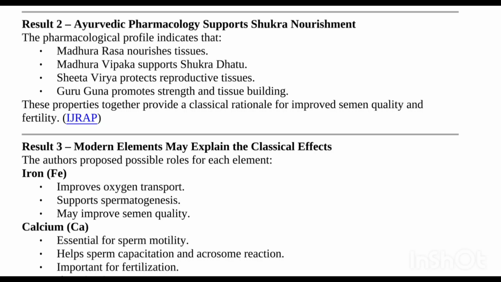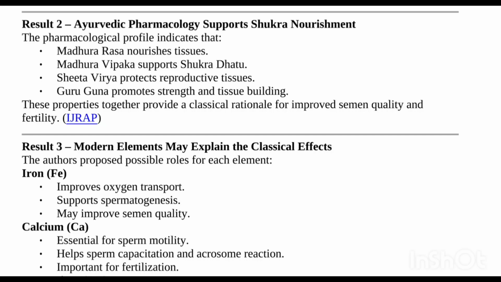The pharmacological profile indicates that Madhur Ras nourishes tissue, Madhur Vipak supports Shukra dhatu, Shit Virya protects reproductive tissue, and Guru Gun promotes strength and tissue building. These properties together provide a classical rationale to improve semen quality and fertility.